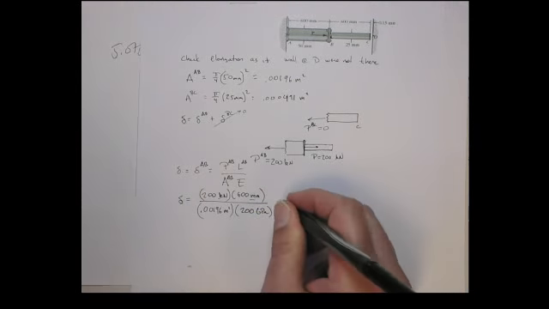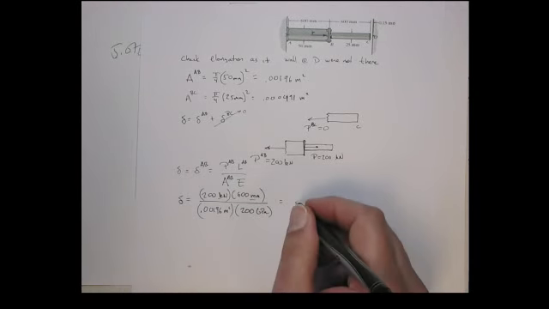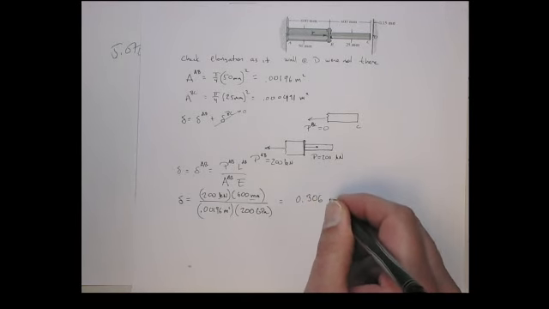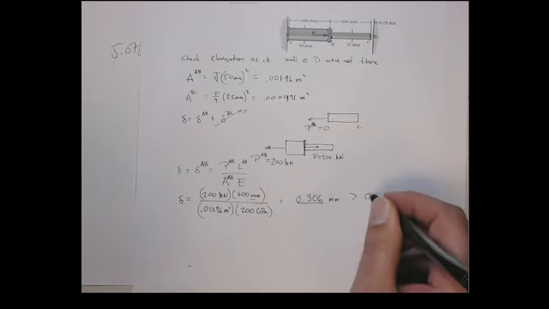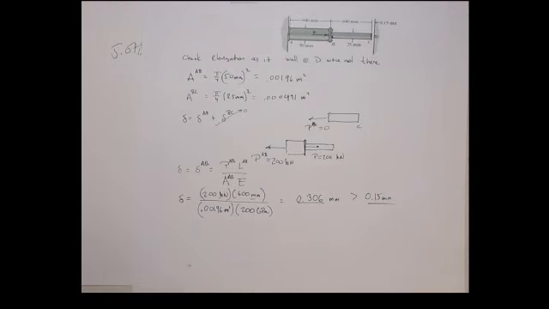When we compute that, it turns out to be 0.306 millimeters, which is obviously greater than the 0.15 millimeters. So that means it's going to be in contact.